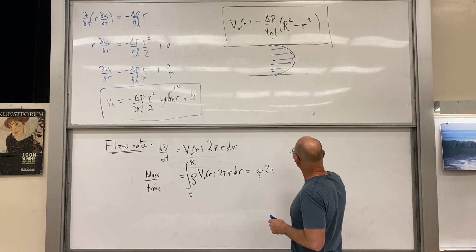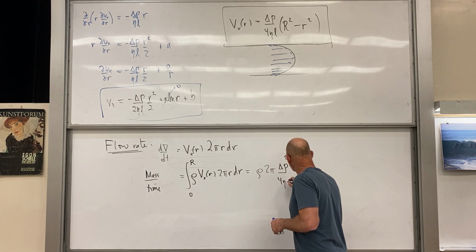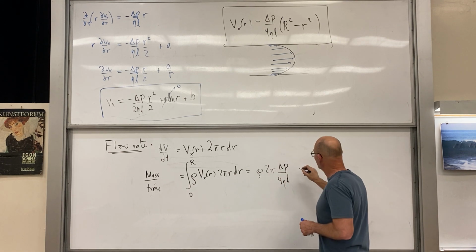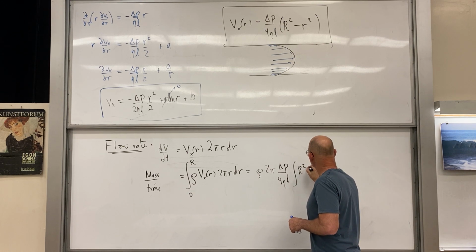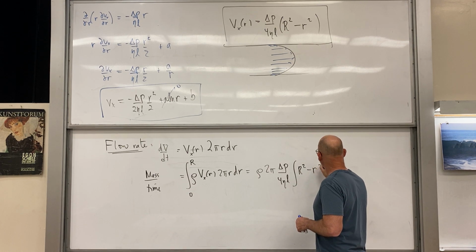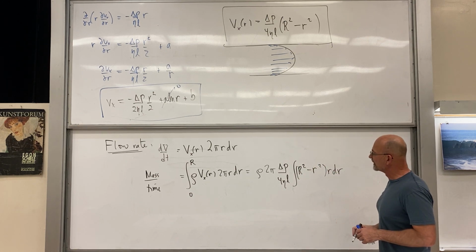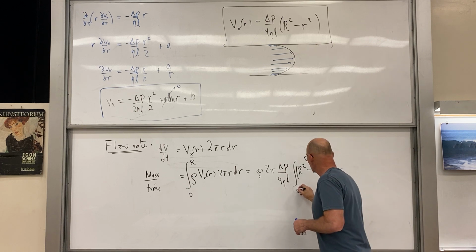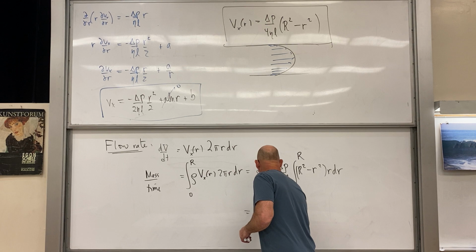We've got the delta p over 4 eta L, and now we can have R squared minus r squared, r dr, 0 to capital R, 2 pi rho delta p over 4 eta L.